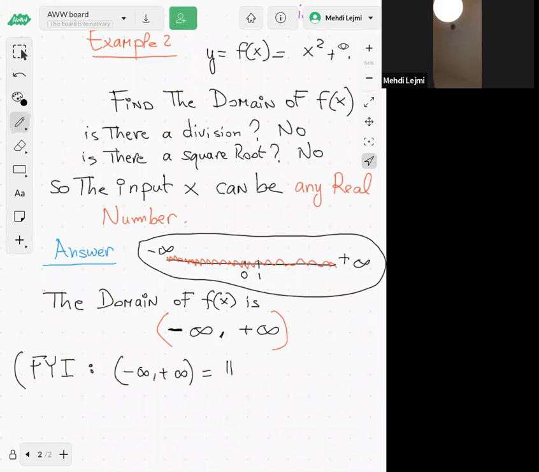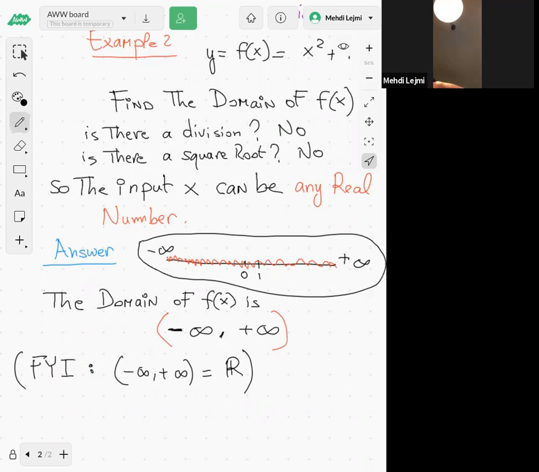That's R. This was a simple example, but it shows that sometimes there will be no division or square root, so you don't have to worry about anything. Your input x can be any number, and the domain is just the whole number line.